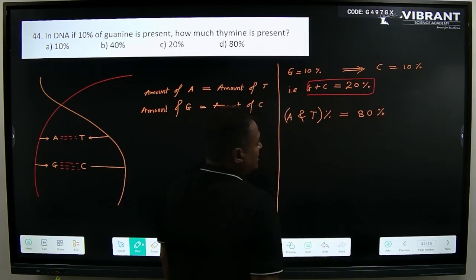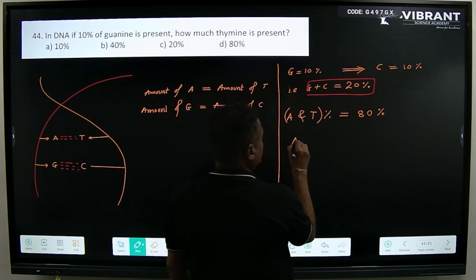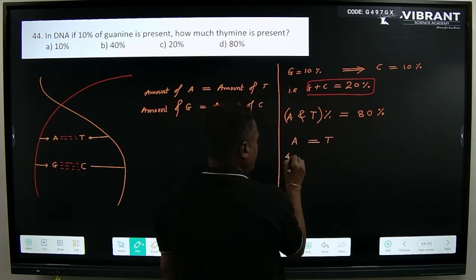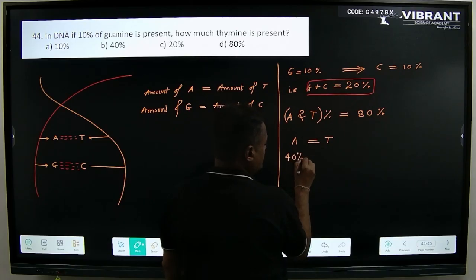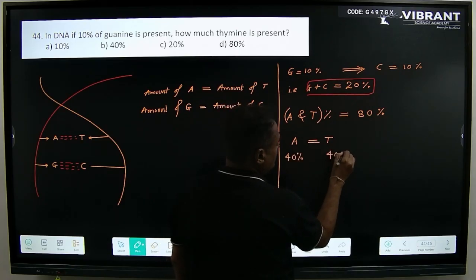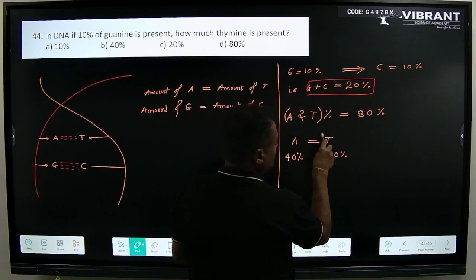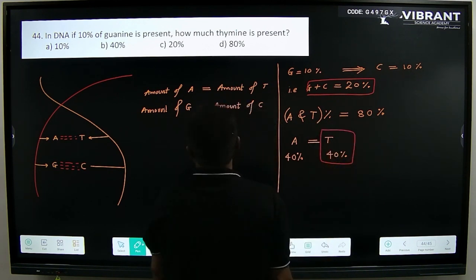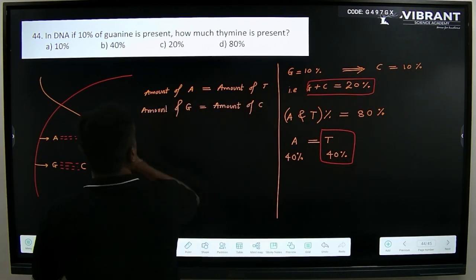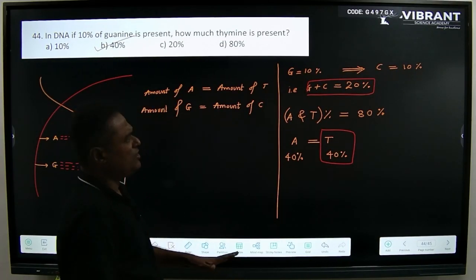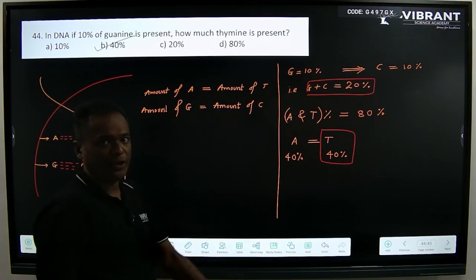Now, adenine is equal to thymine. So, if adenine is 40%, then thymine would also be 40%, and that is why the correct answer in this case has to be 40%. This is not something very difficult, you just have to think logically. I hope this is clear.